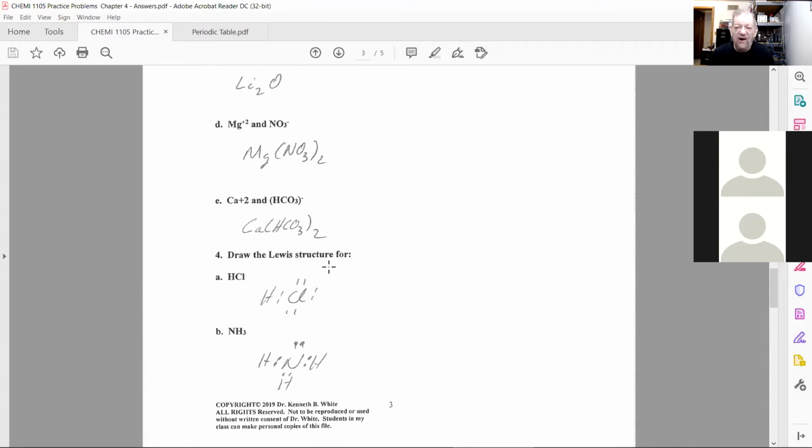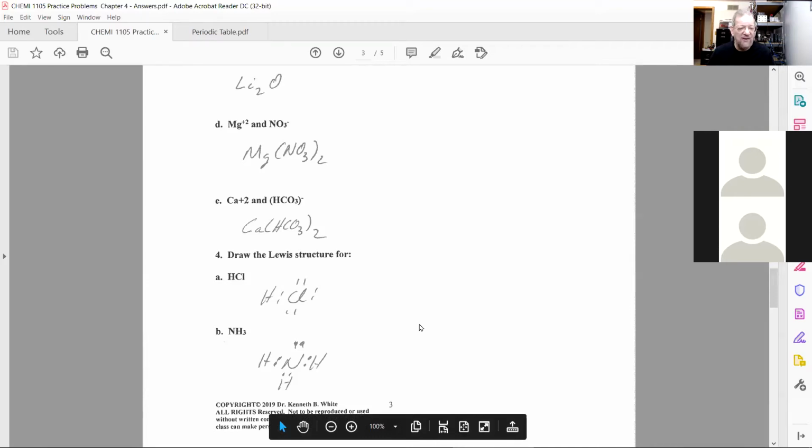You should know what a covalent bond is, and that's sharing, that's the important part, of pairs, that's important too, of electrons between 2 atoms. And as with ionic, covalent atoms of elements want to have an octet, 8 valence electrons. The exception is hydrogen, and 2 valence electrons is its octet.